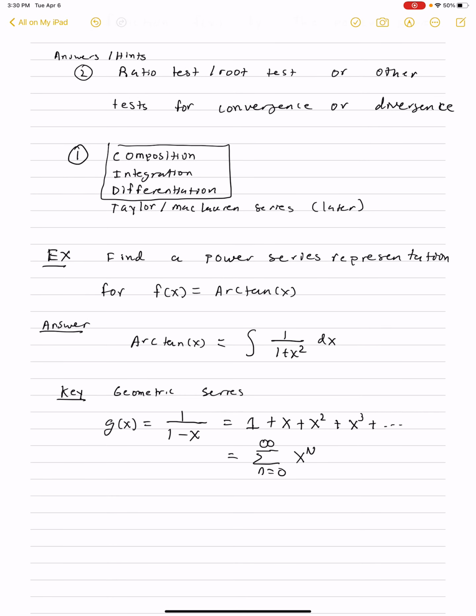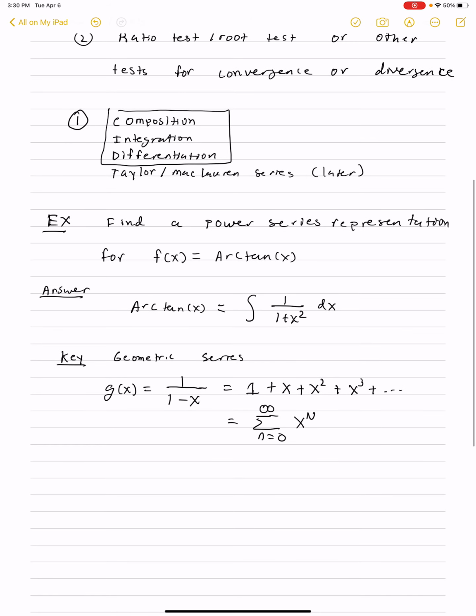And I'm going to go ahead and use this geometric series, and I'm going to do composition here. So first of all, g of minus x, I'm going to call this a new function. I'm going to call this h of x. This is going to be replacing x by negative x. That's what composition is. So now I get 1 over 1 plus x.